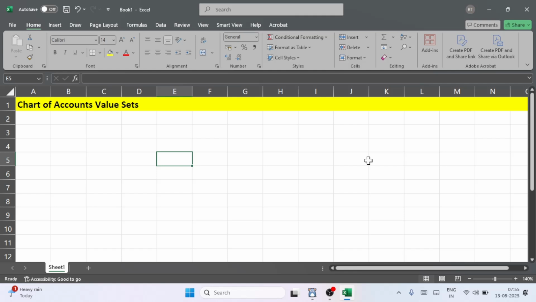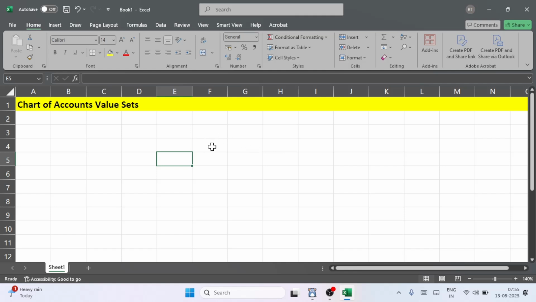Before I dive into chart of accounts, I will start with an example from the bookkeeping standpoint, and we'll understand how bookkeeping works. Then we'll see how we map the same into chart of accounts. So let's get started with the basic fundamental thing.